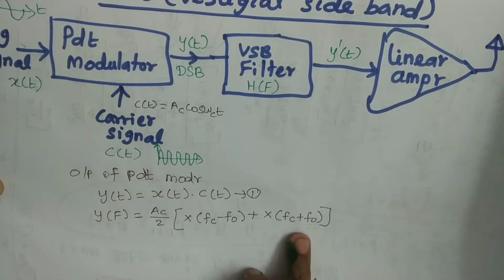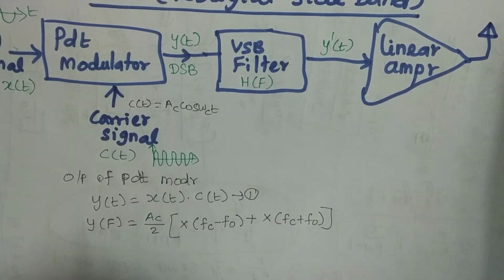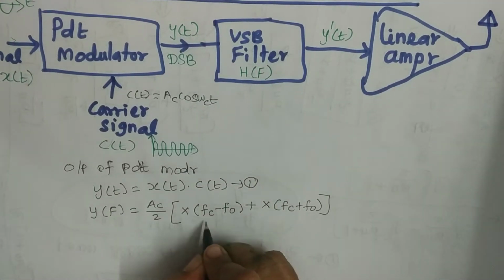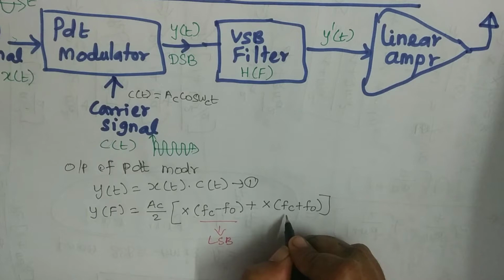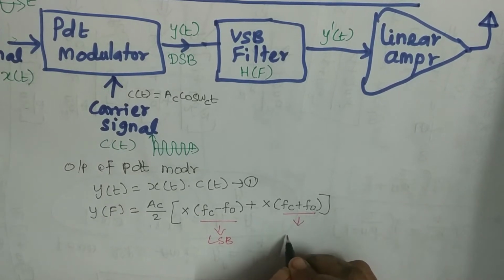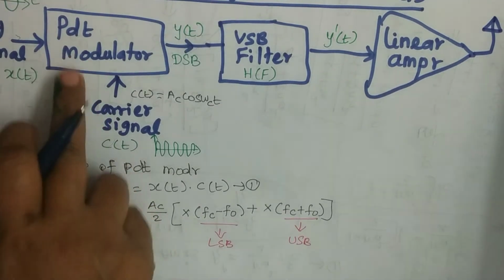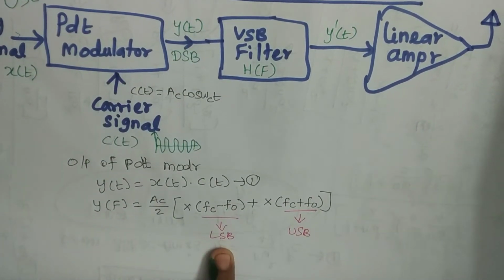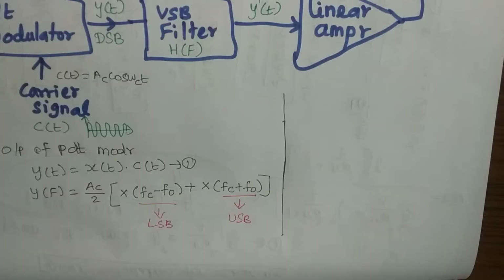So this is the double sideband. f c minus f naught represents the lower sideband frequency component, and f c plus f naught represents the upper sideband frequency component. So the output of the product modulator consists of two frequency components, upper sideband and lower sideband.